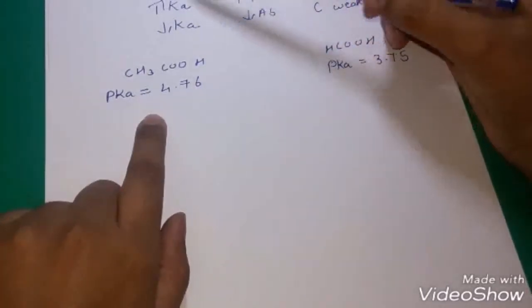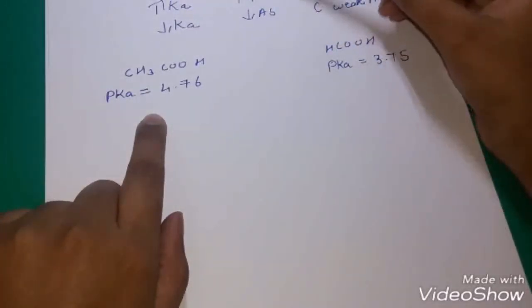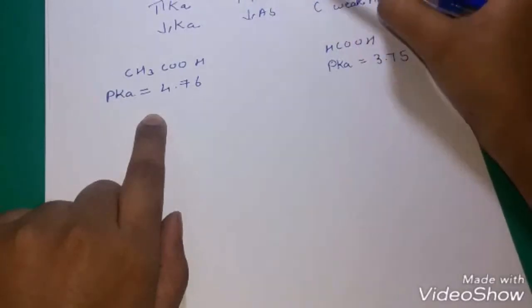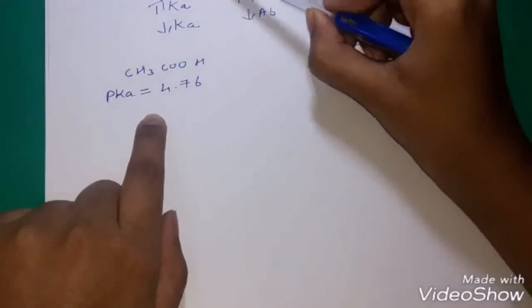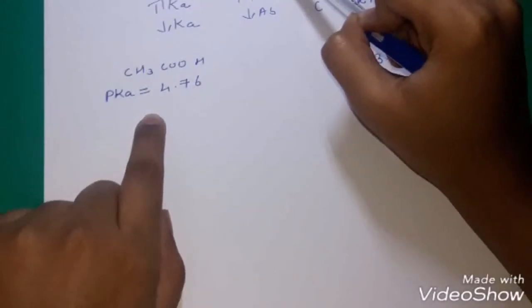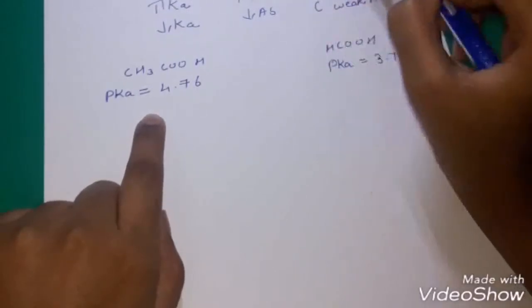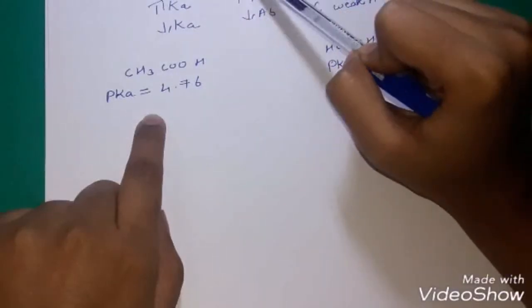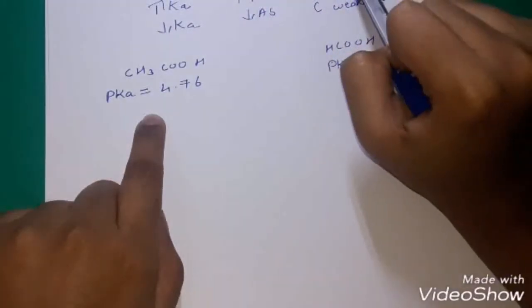We have seen that the relation between acidic strength and pKa is inversely proportional. So if the pKa value is high, its acidic strength is low. That means the acid given is a weak acid, and if pKa is low, its acidic strength is high. That means the acid given is a strong acid.